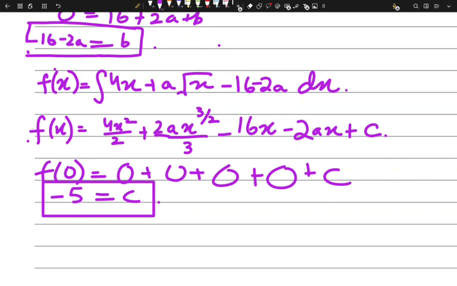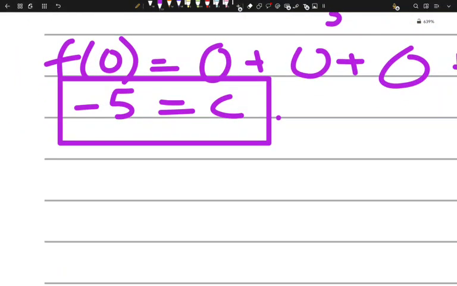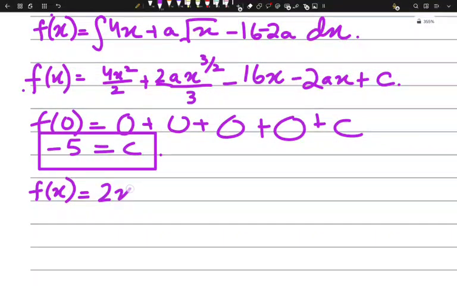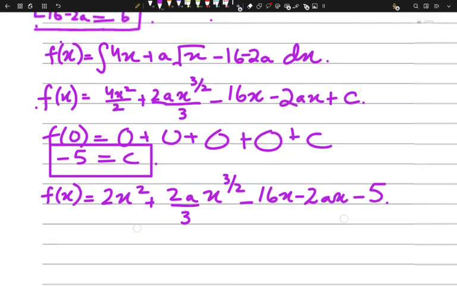Once you have the value for c, you can write down the equation for the curve properly. It's going to become f of x equals 2x squared plus 2a over 3 x to the power of 3 by 2 minus 16x minus 2ax minus 5. You have the equation for the curve now.